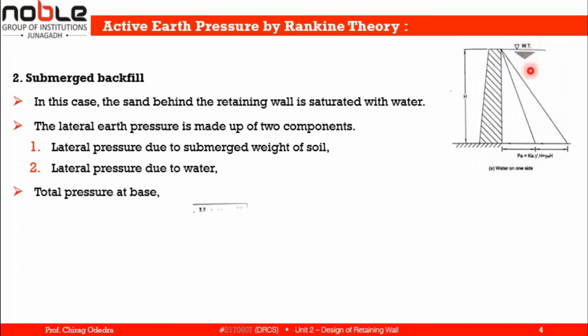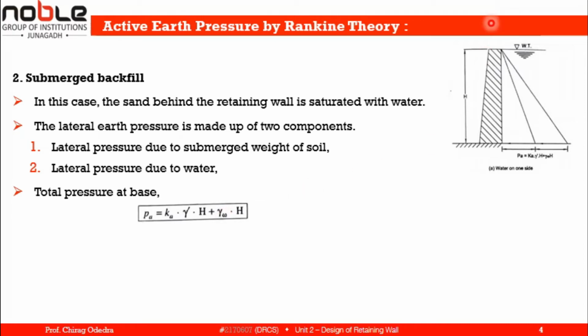So the total pressure at the base is given by Pa = Ka γ' H + γw H. Here Ka is the coefficient of active earth pressure, γ' is the submerged weight of the soil, H is the height of the wall, and γw is the unit weight of the water.